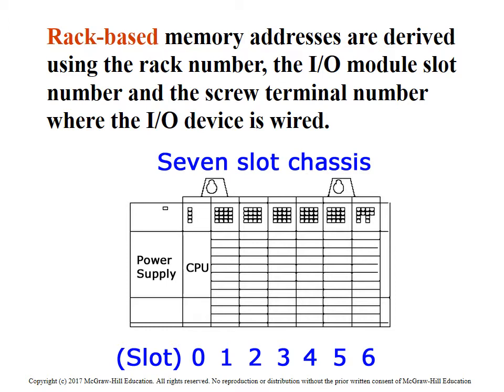In this particular illustration, we're looking at a modular CPU or PLC. Typically, you'll have the power supply to the left, the CPU or the brains of the operation, and then a series of input and output cards required for each application. Depending on the application, it will determine the number of cards you have.